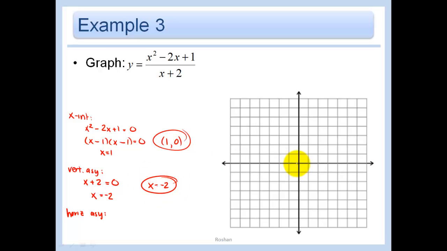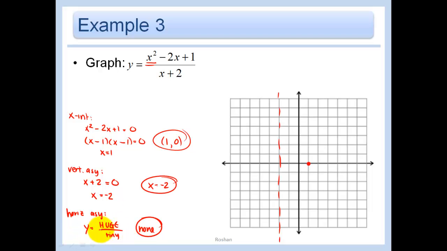So let's put that in. 1, 2. And that's our x-intercept. Our horizontal asymptote, well, the numerator is bigger than the denominator. So we have huge over tiny, which is going to be something humongous. In other words, there is none.